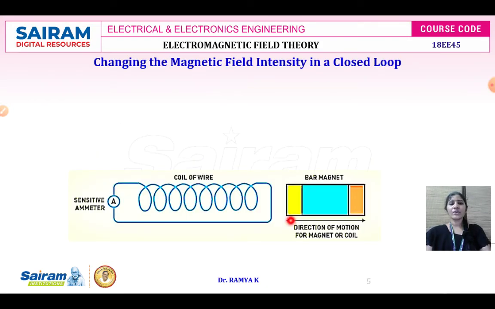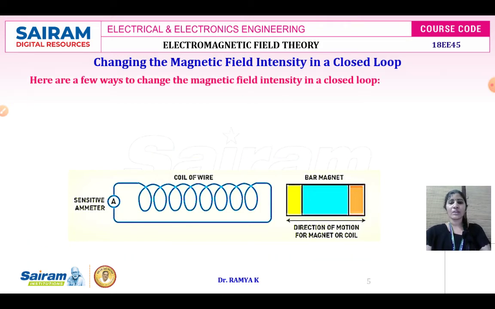You can see the circuit describing the concept of changing magnetic field, because your time varying field comprises of changing electric field. The time varying electric field is changed to a time varying magnetic field, or the time varying magnetic field is changed to a time varying electric field. Therefore, we are changing the magnetic field in the closed loop. What is the cause?